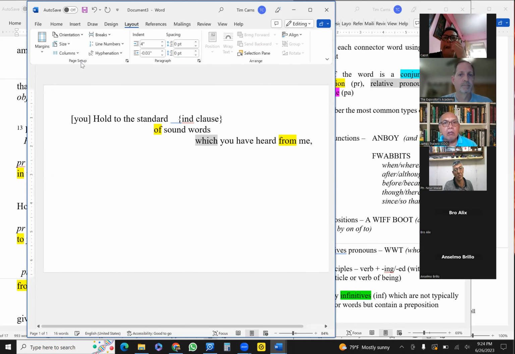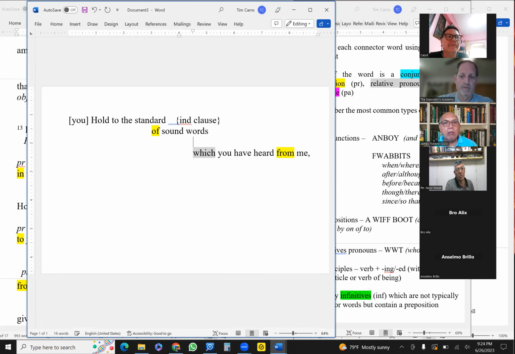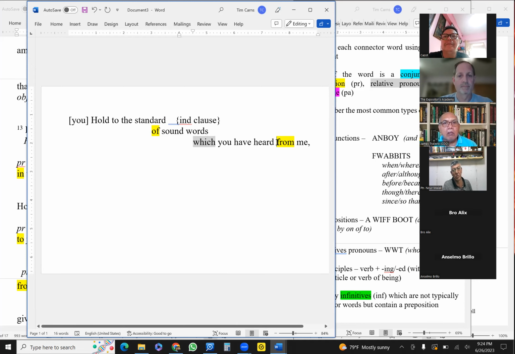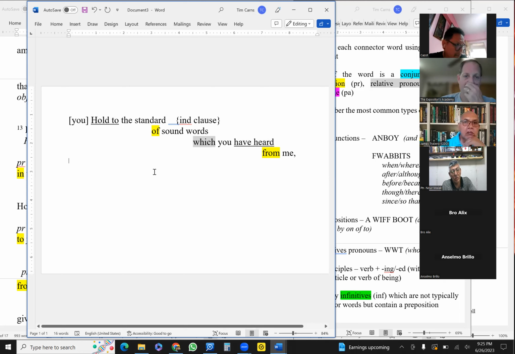There we go. Which you have heard, and then where have you heard them? From me. Notice, and then I just underline the verbs. So I'm underlining the verbs here. Notice one verb is hold to. The other is have heard.